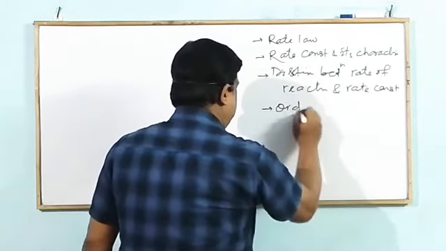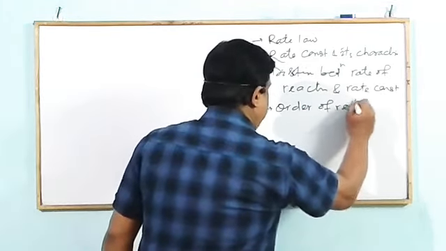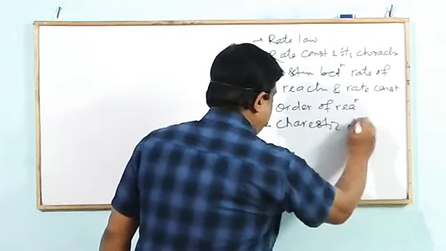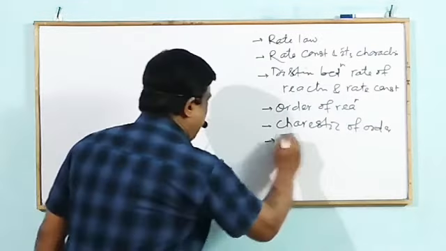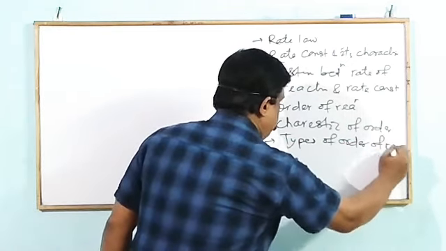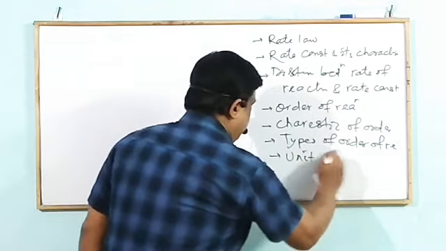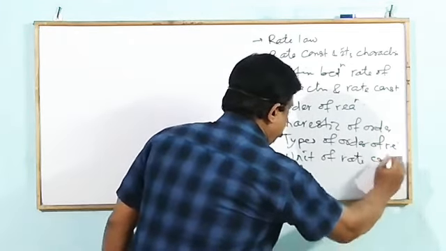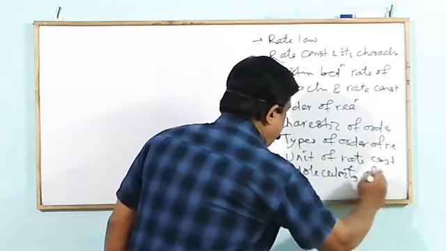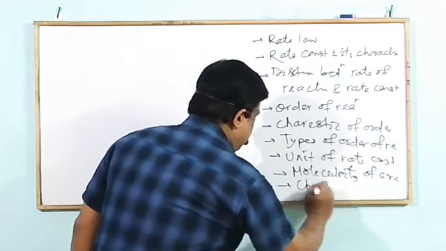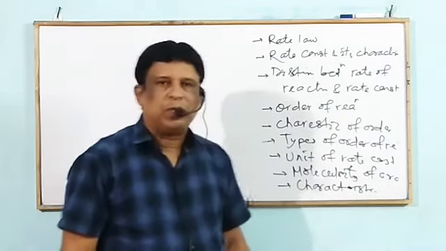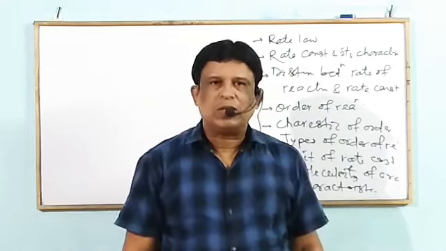Then order of reaction, characteristics of order of reaction, types of order of reaction, unit of rate constant, molecularity of a reaction, characteristics of molecularity, and different types of molecularity. So let us discuss one by one.